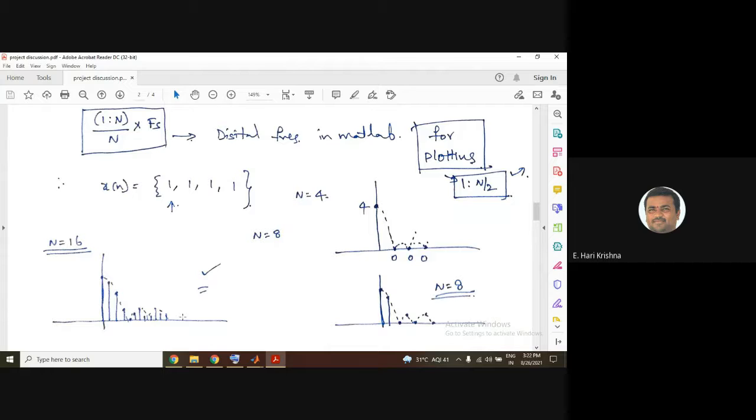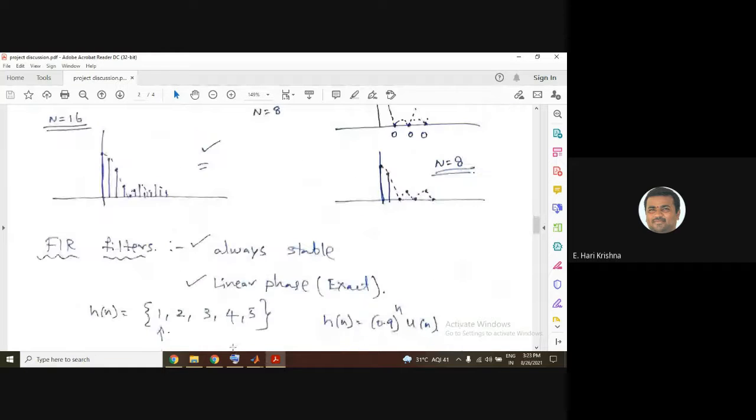The number of samples increases, but the shape of the spectrum will not differ. Joining all those points gives the same spectrum. So n is equal to 4 point, 8 point, or 16 point. For a larger point DFT, you'll get more number of samples, more frequency resolution.